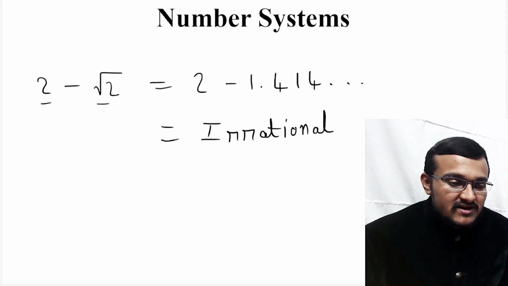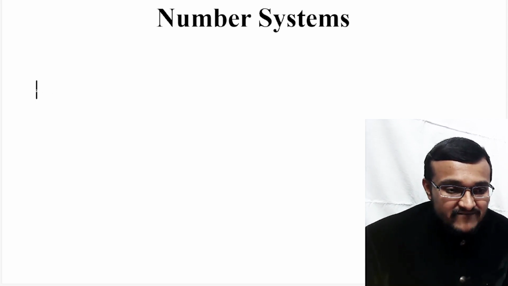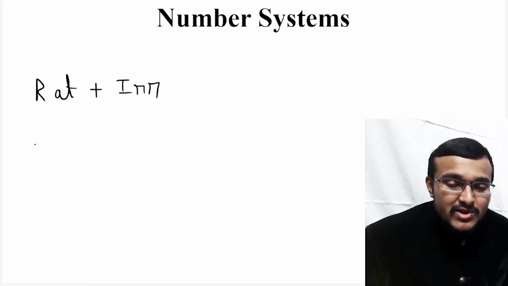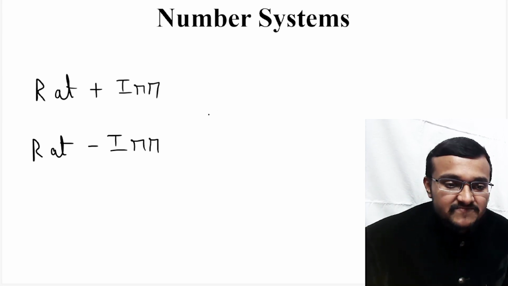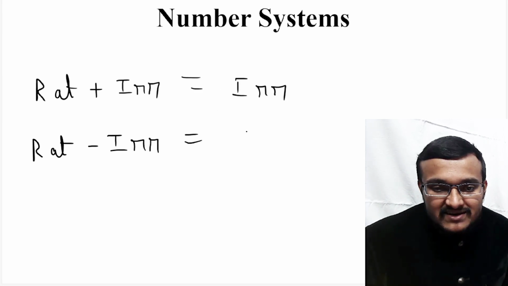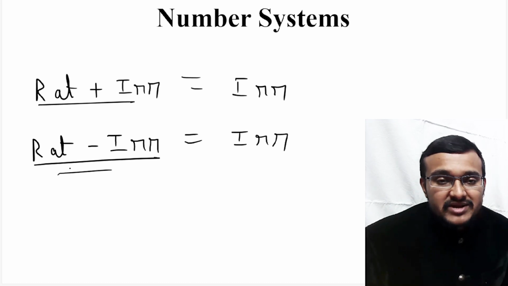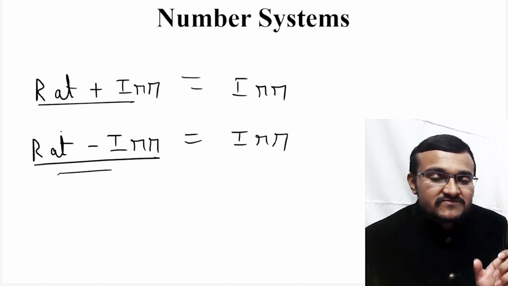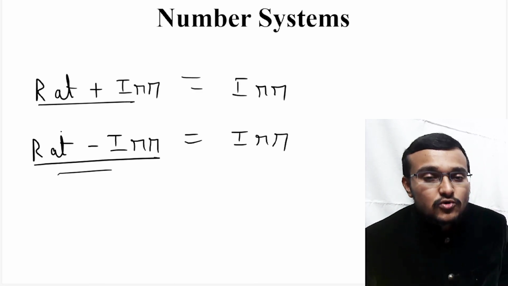So whenever you are doing a sum or difference, that is, adding a rational number and an irrational number, or taking the difference between them, then you will get only irrational numbers. If you take one rational number and one irrational number, and take their sum or difference, you will always get an irrational number only.